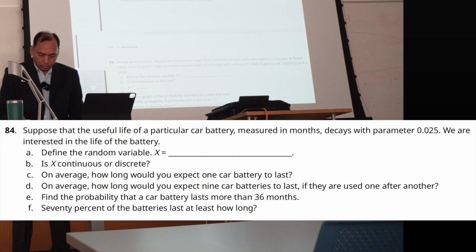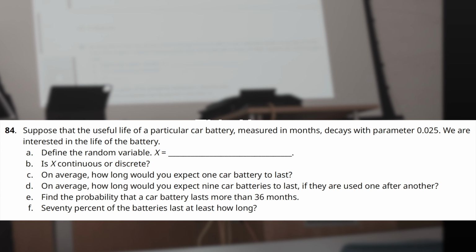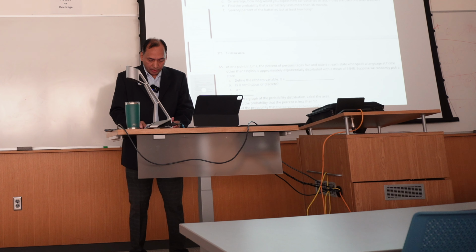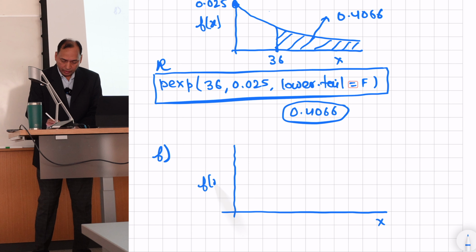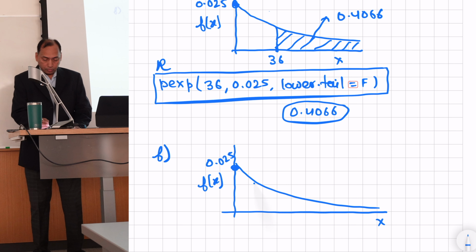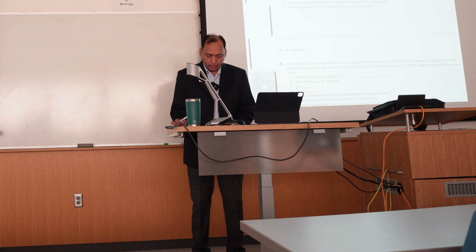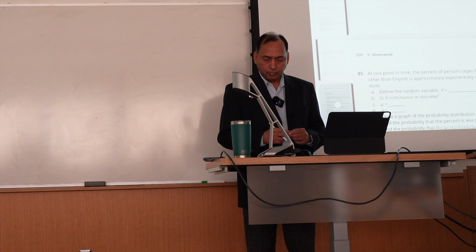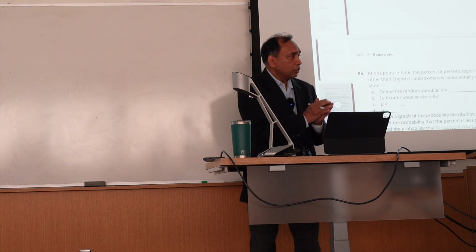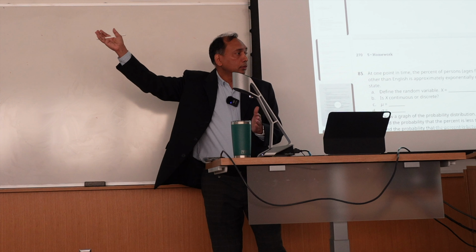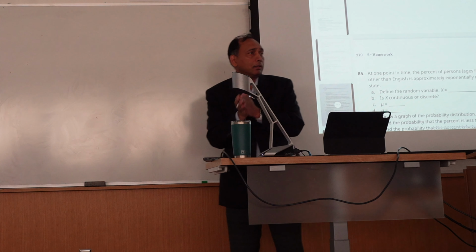F. So 70% of batteries last at least how long? If I have to make this picture, you have random variable X, you have the probabilities, and you have this distribution shape. 70% of the batteries last at least how long? So area to the left or to the right? Because at least means that much or more. At most means that much or less.